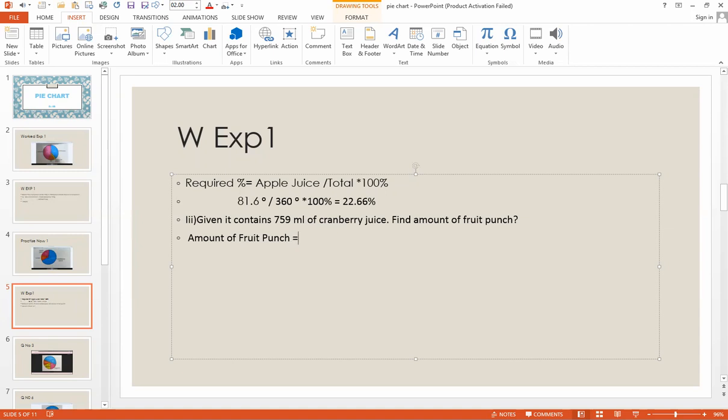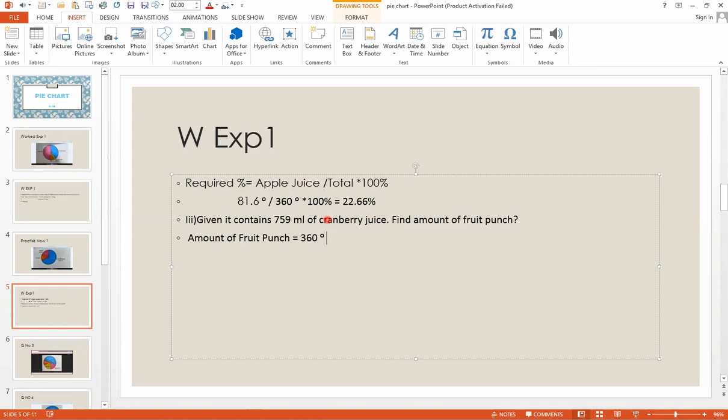So according to this question, they are saying, given that it contains 759 milliliter of cranberry juice, find the amount of fruit punch. In fruit punch, you know, you have honey, you have apple juice. So you have to find the whole amount of fruit punch in milliliter. Whenever the word whole is written, this means on the top you have to write 360, always remember. In case of percentage, you write 360 in the bottom.